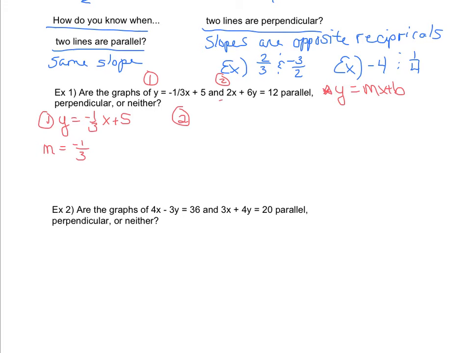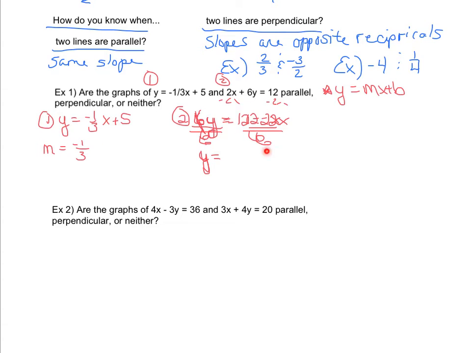I'm going to start by subtracting 2x from both sides. After I subtract 2x from both sides, I'm going to be left with 6y = 12 - 2x. Dividing both sides by 6 to get y alone, I realize that both of these terms are being divided by the 6.